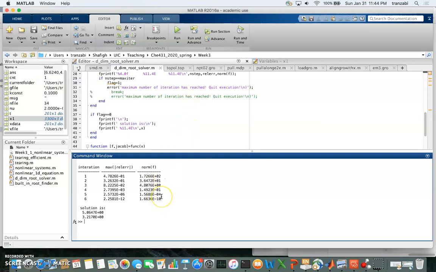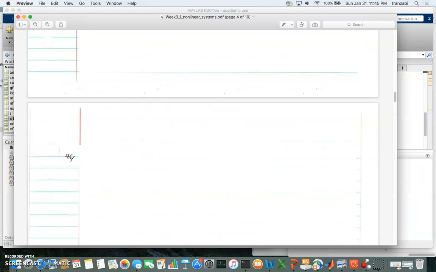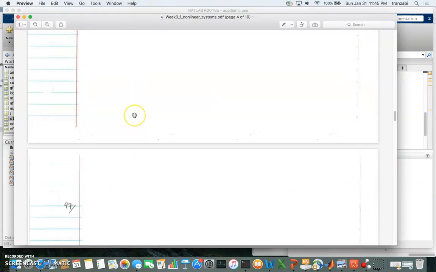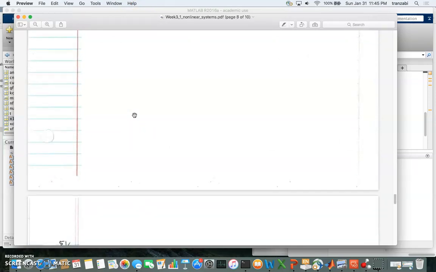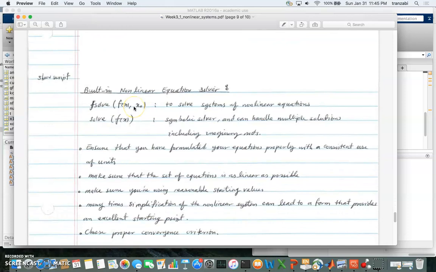Okay, so that was Newton's method. In the next few minutes of this video, I'll be talking about the built-in functions in MATLAB to solve the root of multidimensional problems. There are two functions that we can mainly use. One is fsolve, that we saw before in the previous video.